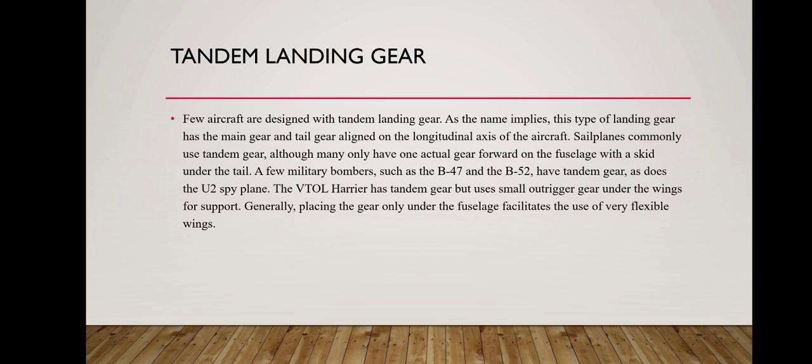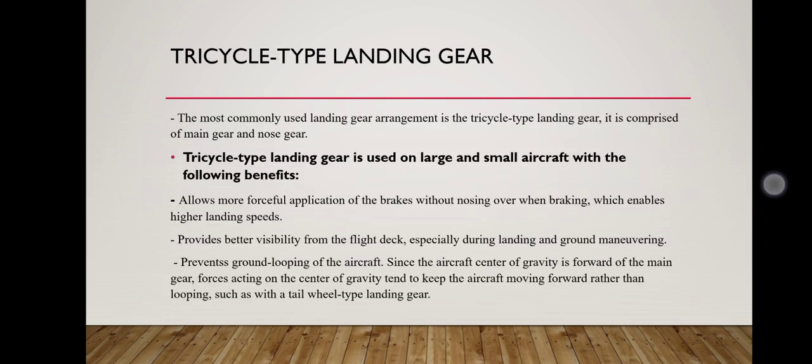A few military bombers such as the B-47 and B-52 have tandem gear, as does the U-2 spy plane. The VTOL Harrier has tandem gear but uses small outrigger gear under the wing for support. Generally, placing the gear only under the fuselage facilitates the use of very flexible wings.